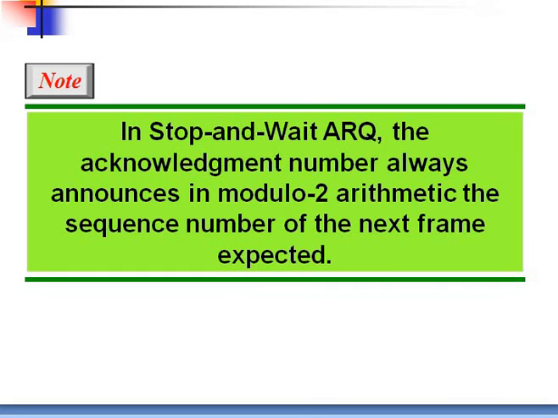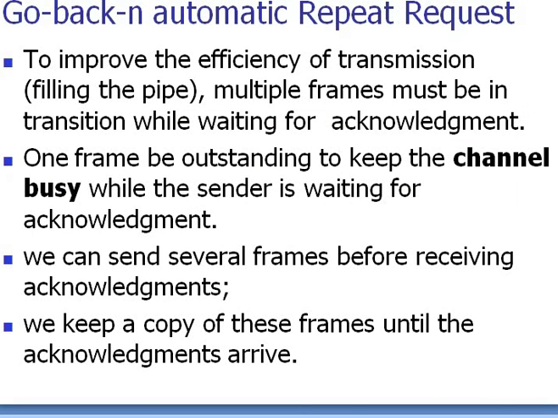Next, another protocol we can see here: go back N automatic repeat request. To improve the efficiency of the transmission in the pipe, that is, in the transmission path, multiple frames must be sent in transit while waiting for the acknowledgement.